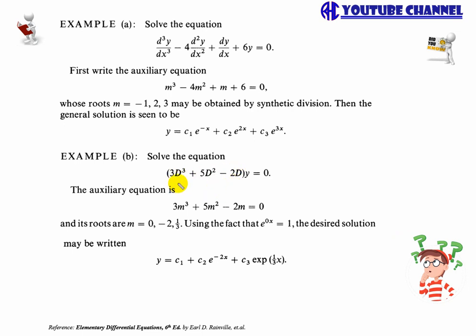It is easy. This can be written into the auxiliary equation in this form: 3m cubed plus 5m squared minus 2m is equal to 0. Then by synthetic division, we will get the roots again. Earlier I already showed the solution, I could just give it directly, but we can also solve it.